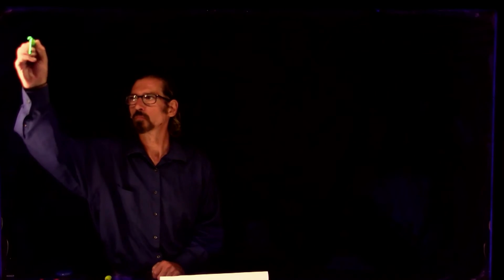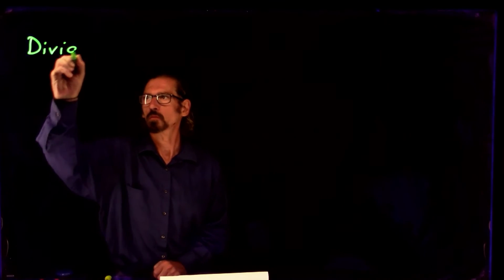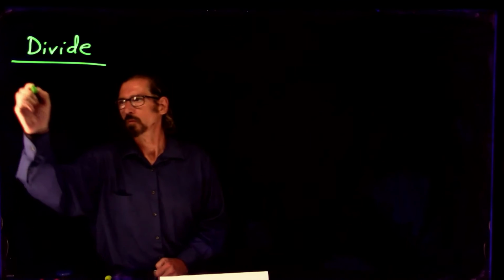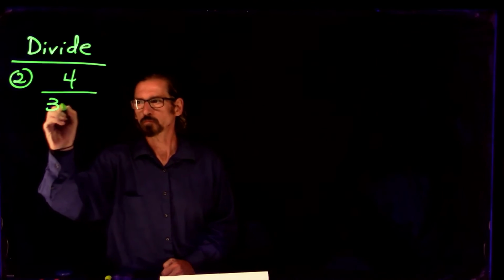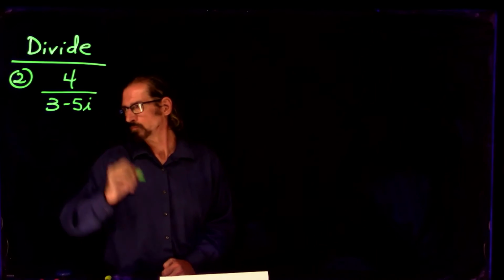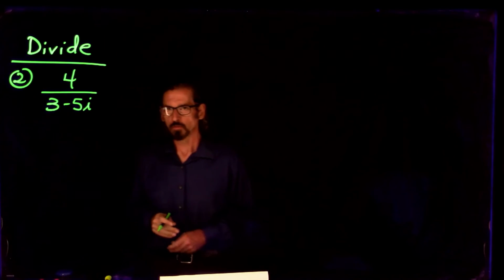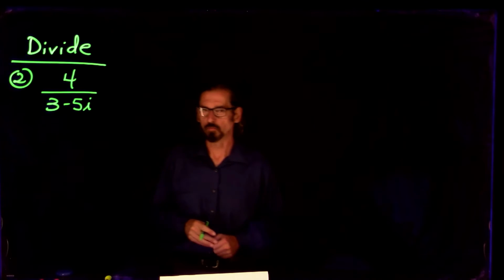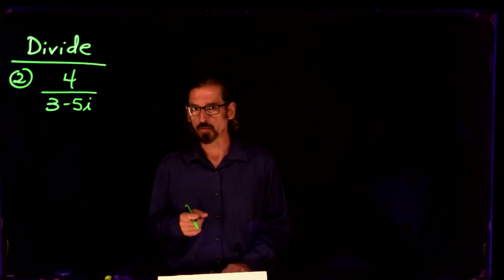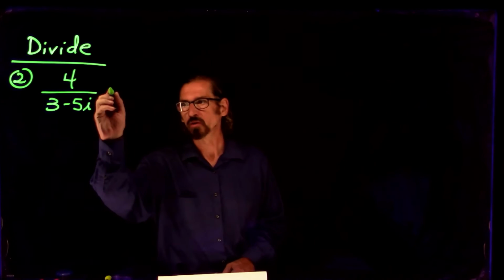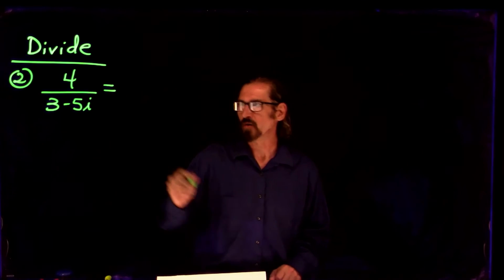Continuing with division, say we have to divide 4 over 3 minus 5i. The complex conjugate of the denominator, we've got 3 minus 5i in the denominator. This complex conjugate is 3 plus 5i.